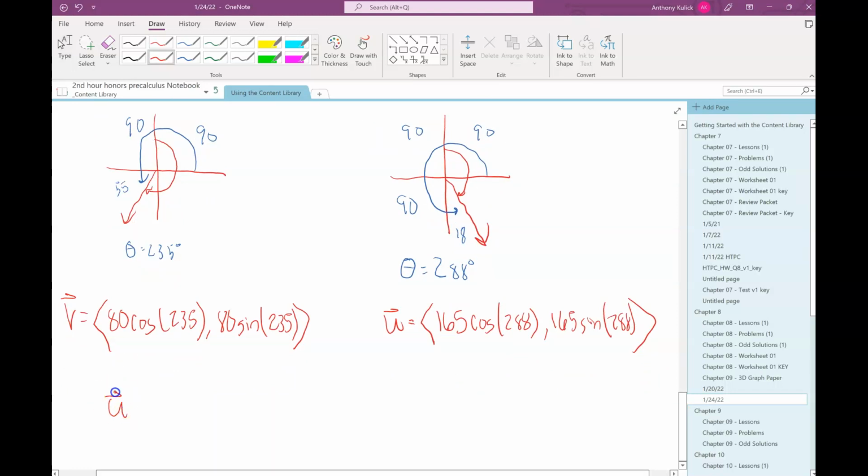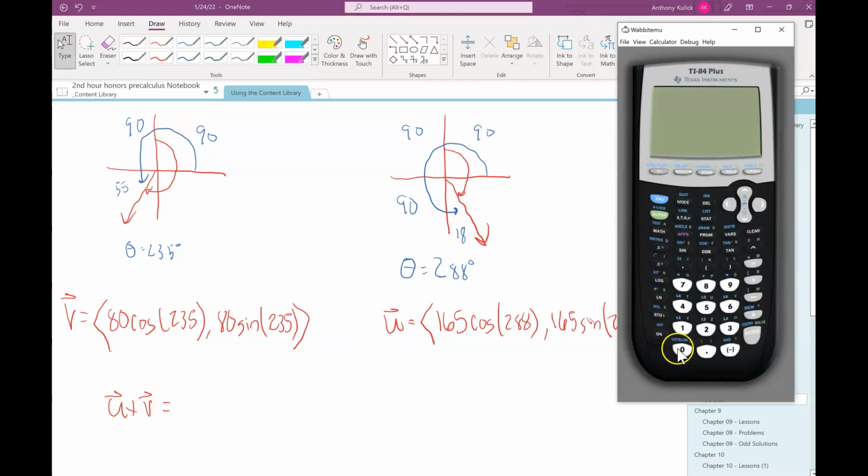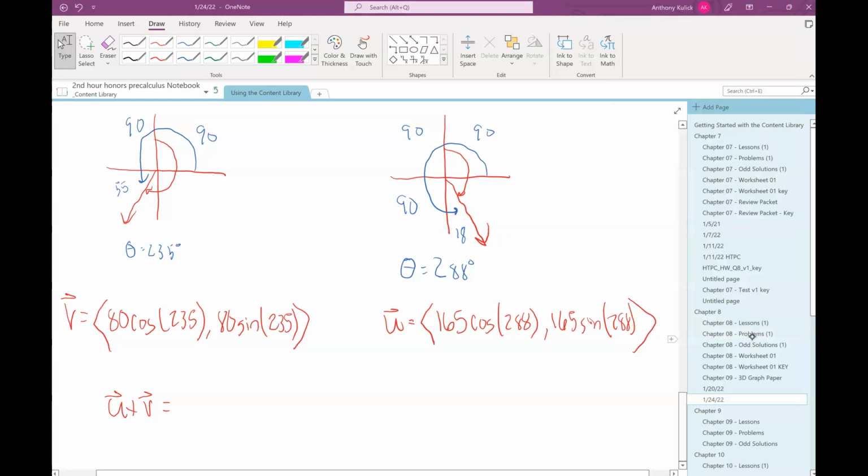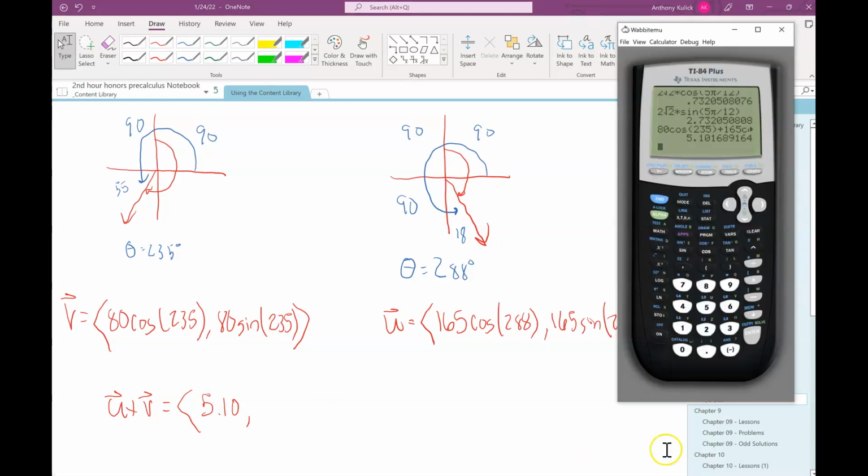And then I'm going to do u plus v. So that is going to be adding the x components. So 510. And then adding the y components.